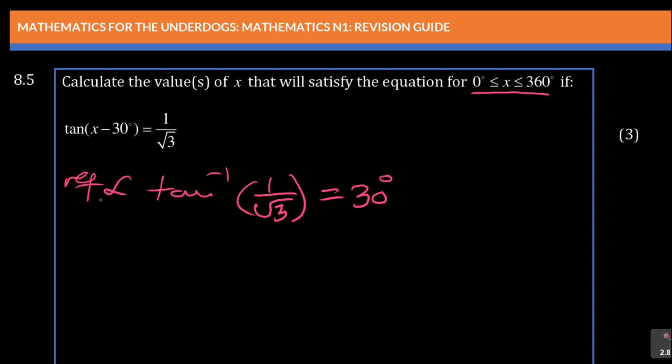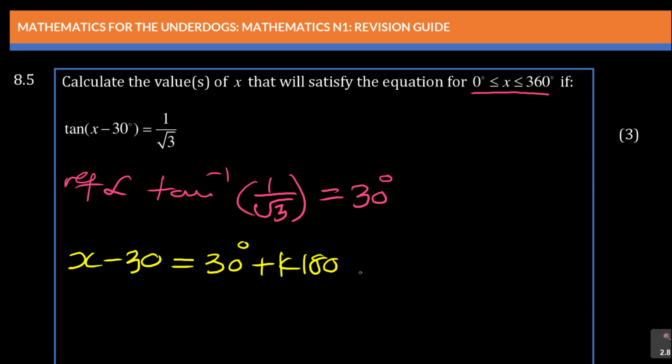Now since I know my reference angle is 30 degrees, this is how you write your answer. We are going to say x minus 30 is equal to 30 degrees, that's the first one. Now with tan you say plus k 180.